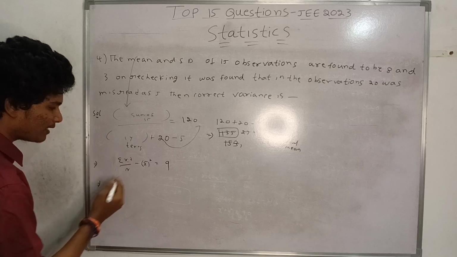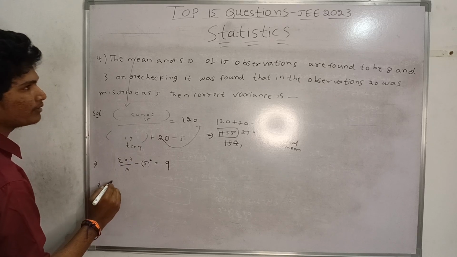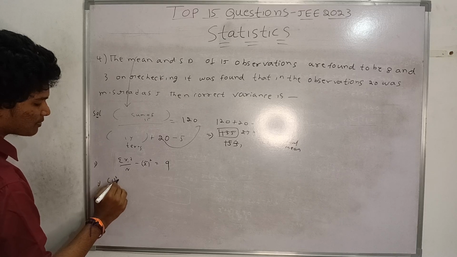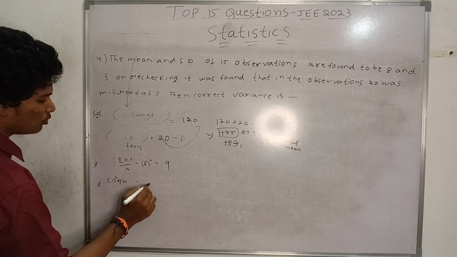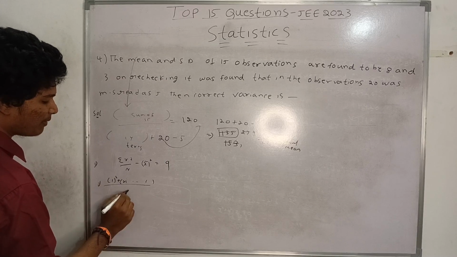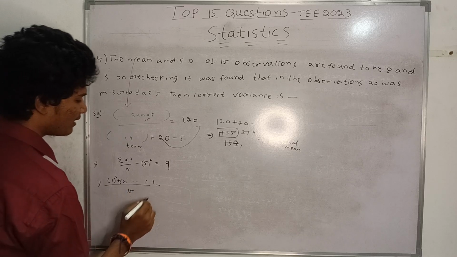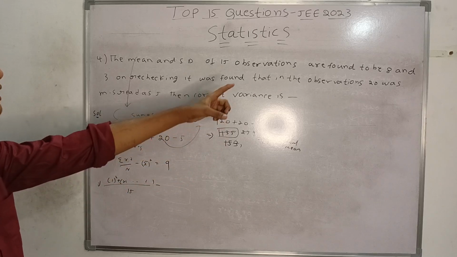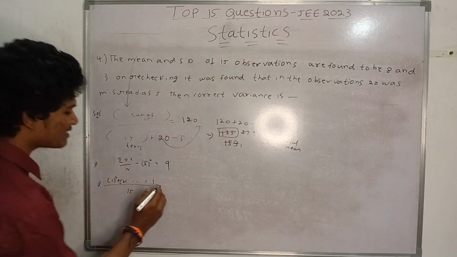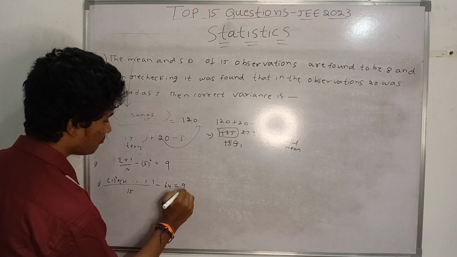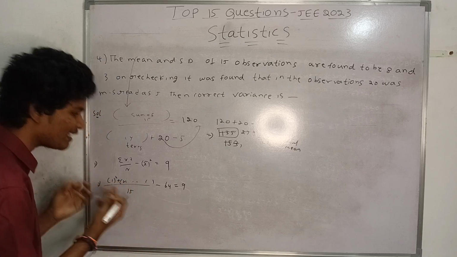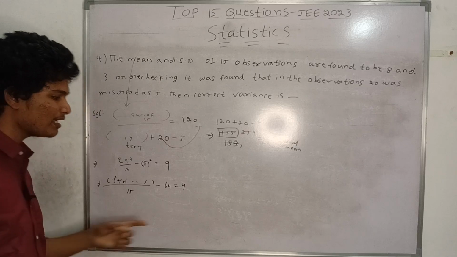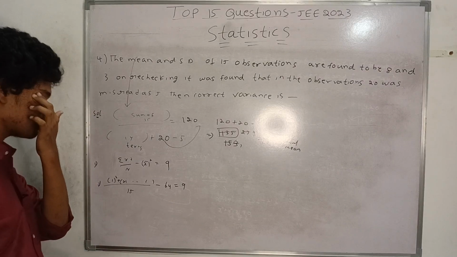In the upper part it is the summation, that is first term square, second term square, up to 15 terms square, divided by the number of terms, 15, minus x bar square. What is x bar? In the previous case x bar is given as 8, so we substitute 8 here, because we are taking the incorrect sum. When I shift the 64 to the right side, what I get is 64 plus 9, which is 73.